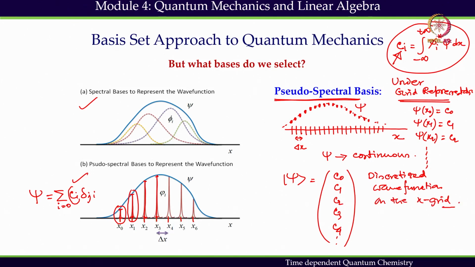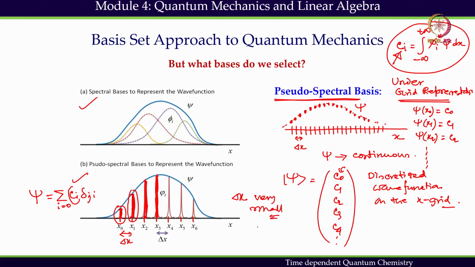So, what does this C naught mean? C naught is this value, then C 1 is this value, C 2 is this value, C 3 is this value. For pictorial representation I have made them very well separated, x naught to x 1. It may give you an impression that we are going to use such a big separation, but remember delta x will be selected to be very small.